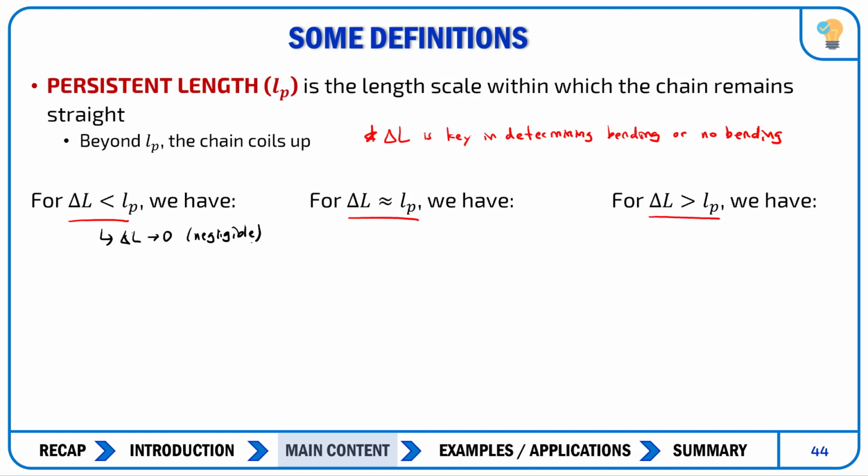In that case, we can assume that there is no delta L, and that means the length of our rod is also the length of our entropic spring. So we have something like this.